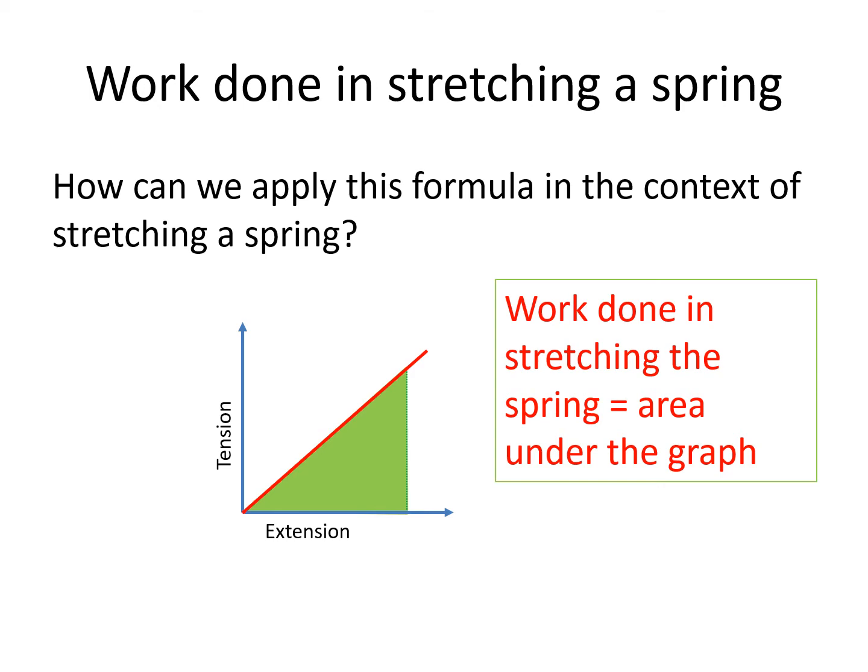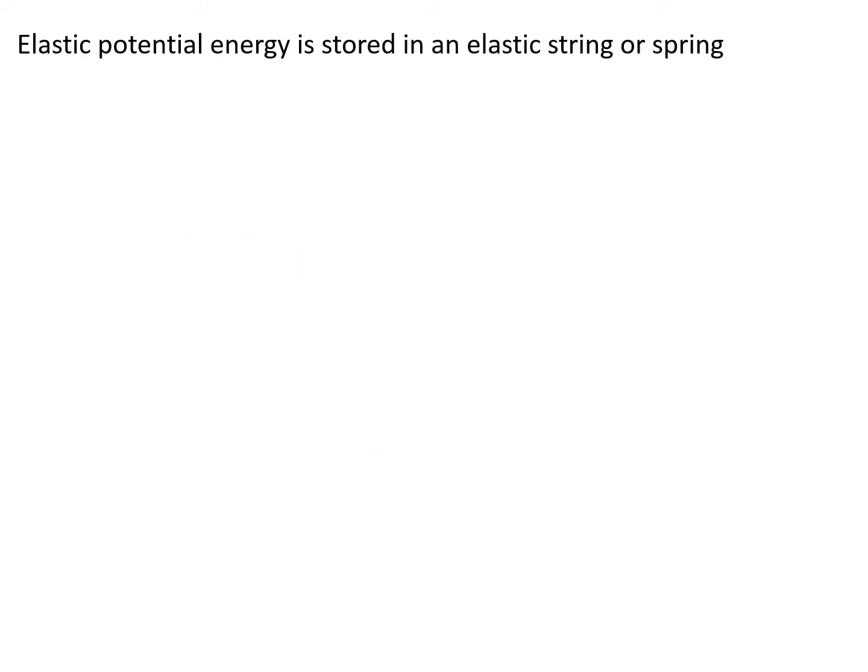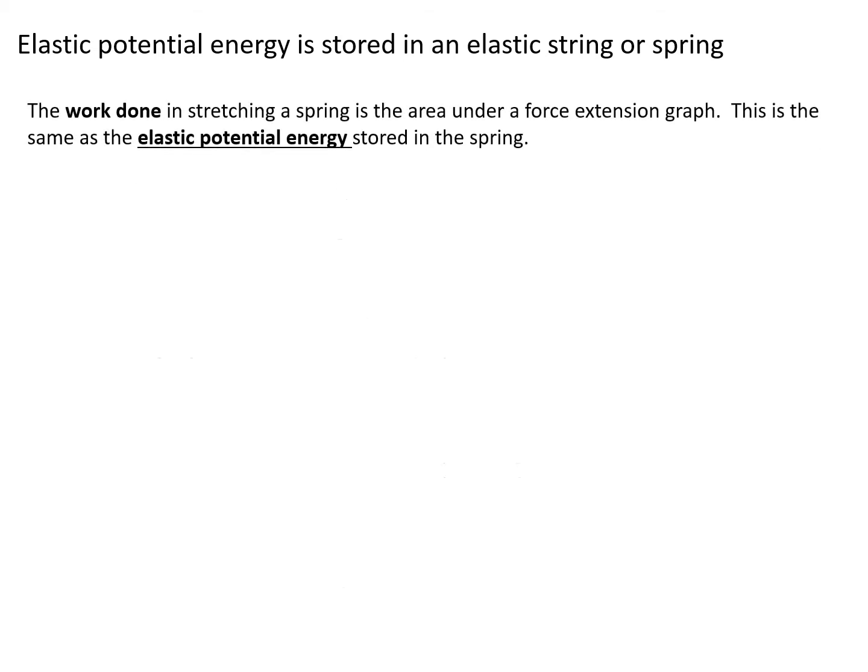All right, so let's formalize this. Okay, so we're going to look at the elastic potential energy stored in an elastic string or the spring. So we looked at work done. Work done and the elastic potential energy are the same thing. Okay, another way of calling it the same thing. So the work done in stretching a spring is the area under a force extension graph.